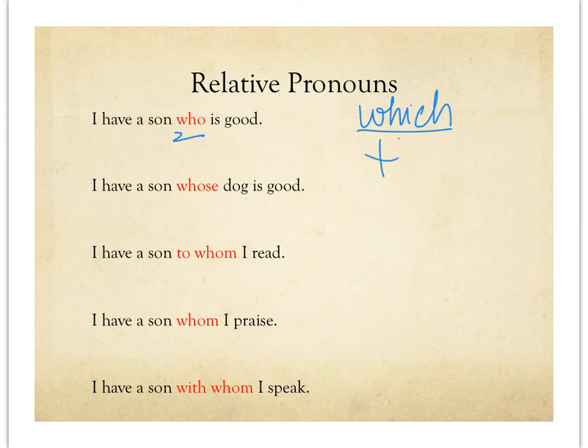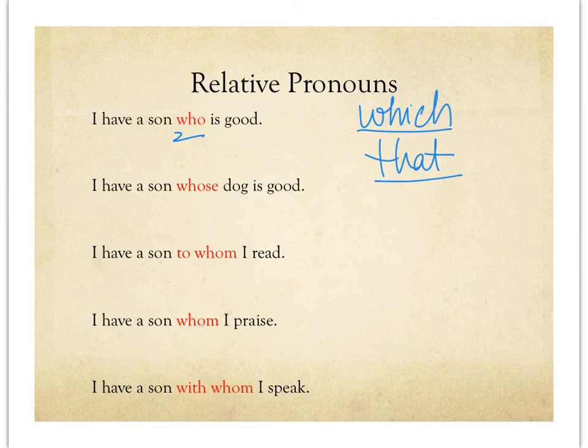And sometimes we also use that as a relative pronoun. To have a sentence that has a relative pronoun in it, you have to have what's called an antecedent. And then the pronoun is referring back to that antecedent, that noun that falls before the relative pronoun.